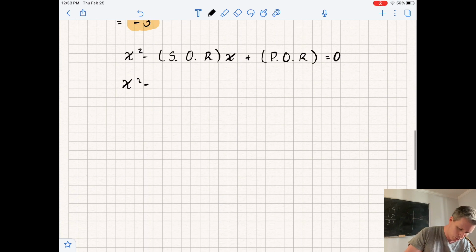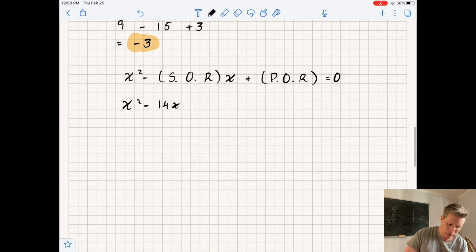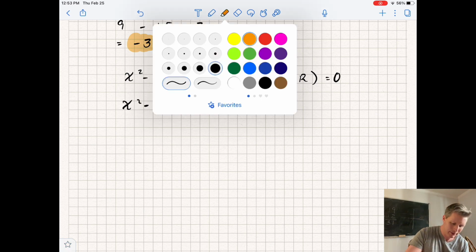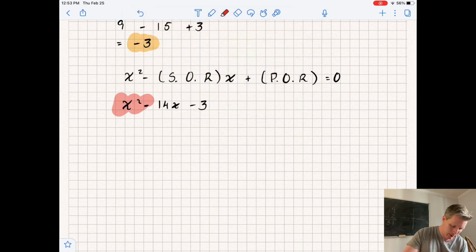So that's minus 14x plus the product of my roots, that's plus negative 3. And that is my solution. x squared minus 14x minus 3 equals 0 is the function that has roots alpha times alpha minus 1 and beta times beta minus 1. That's how we go about it.